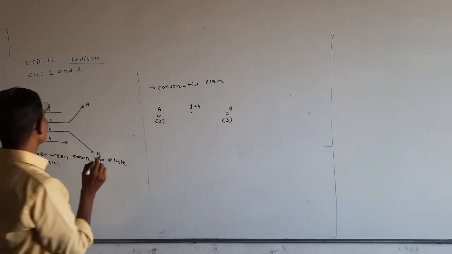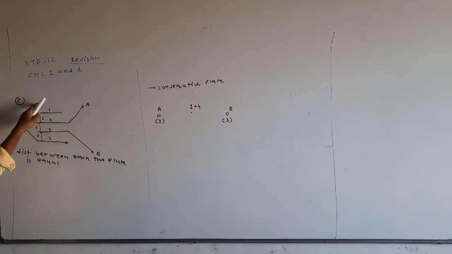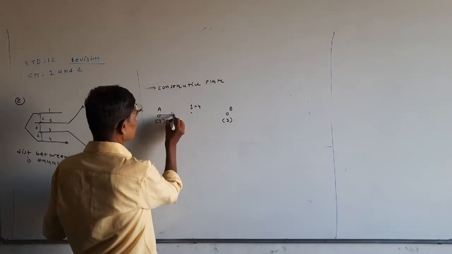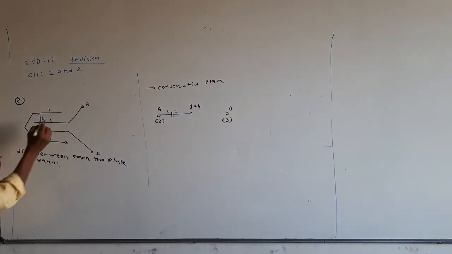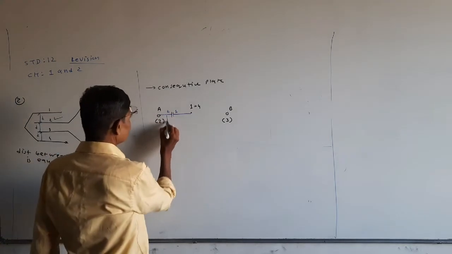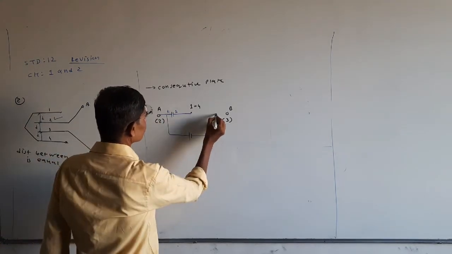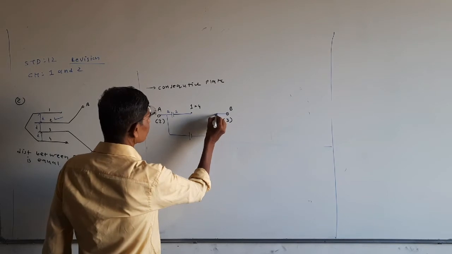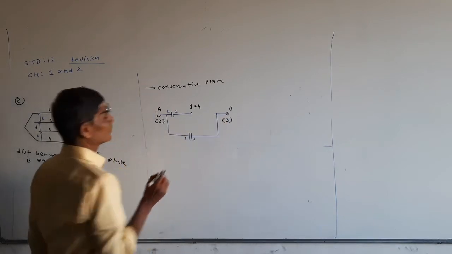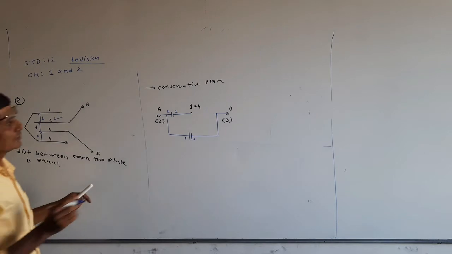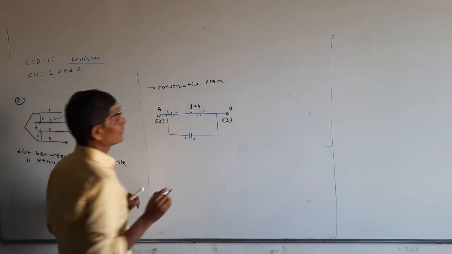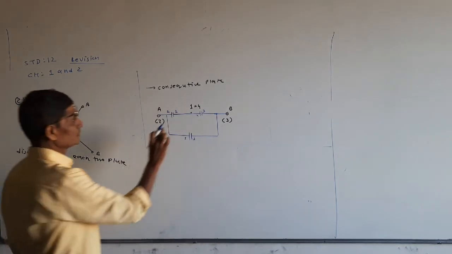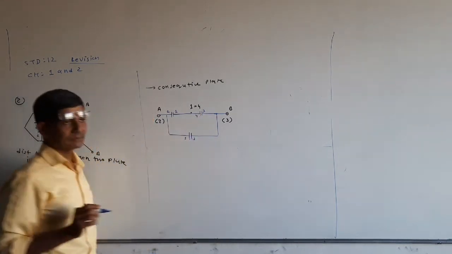So 1 and 2 will make a capacitor, since 1 is from A and 2 is a different point. Between 2 and 3 there will be a capacitor, because they are different points. And 3 and 4 also are different points. So in total 3 capacitors are formed.